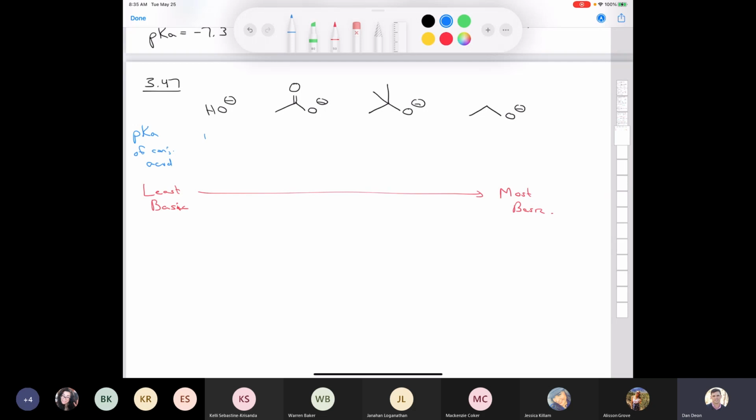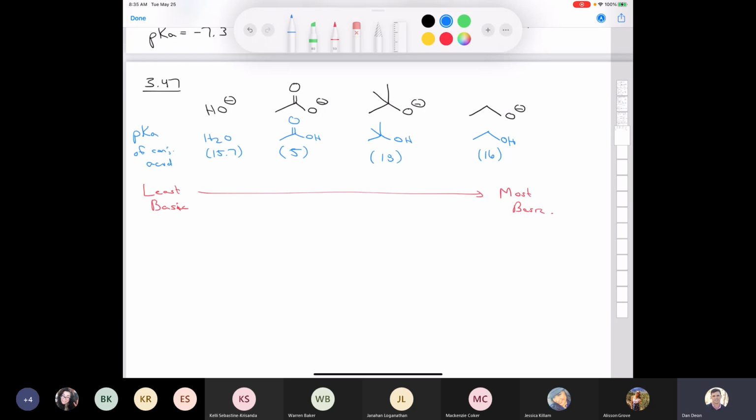The conjugate acid of hydroxide is water. It's 15.7. The conjugate acid here is acetic acid, which has a pKa of around 5. The conjugate acid here is tert-butyl alcohol. It's got a pKa of 18. And then the conjugate acid here is ethanol, which has a pKa of 16.